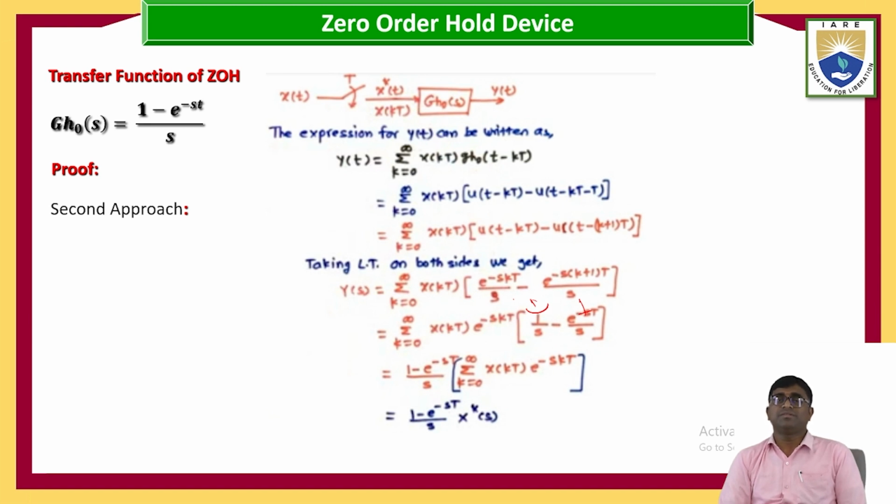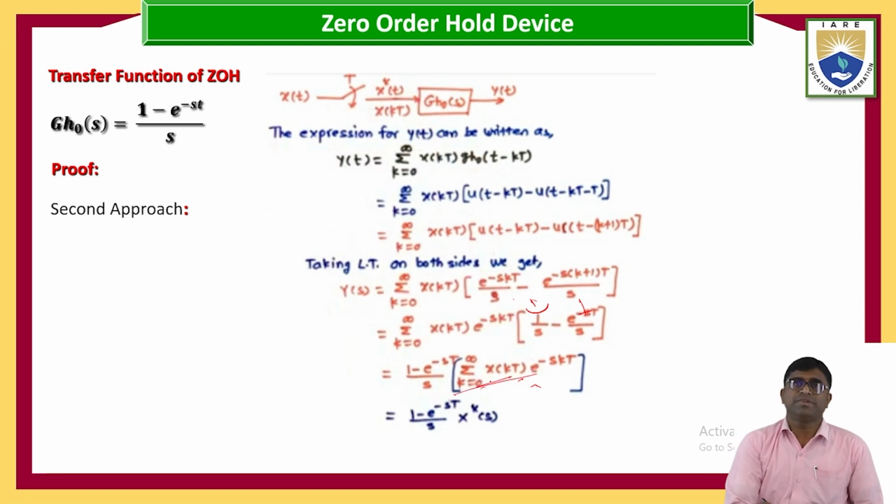If you take it as common, the summation is applicable for this part only. So this part is coming as x star, the conjugate of x star. That is the point where we get the discrete time signal.